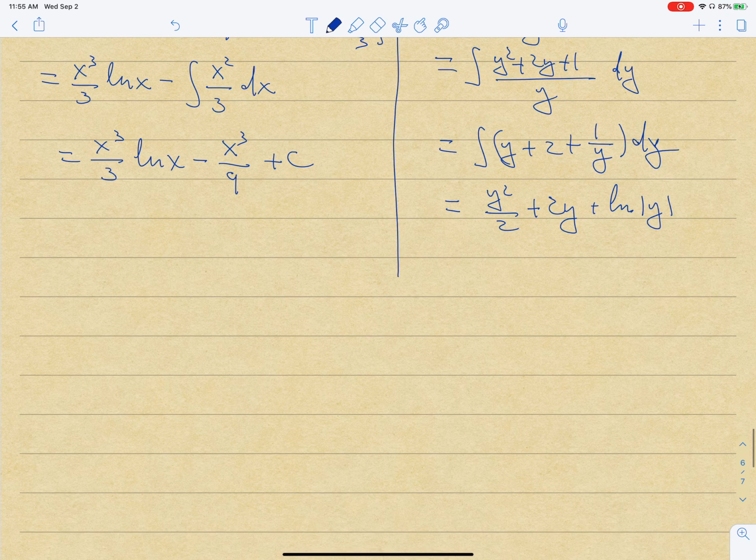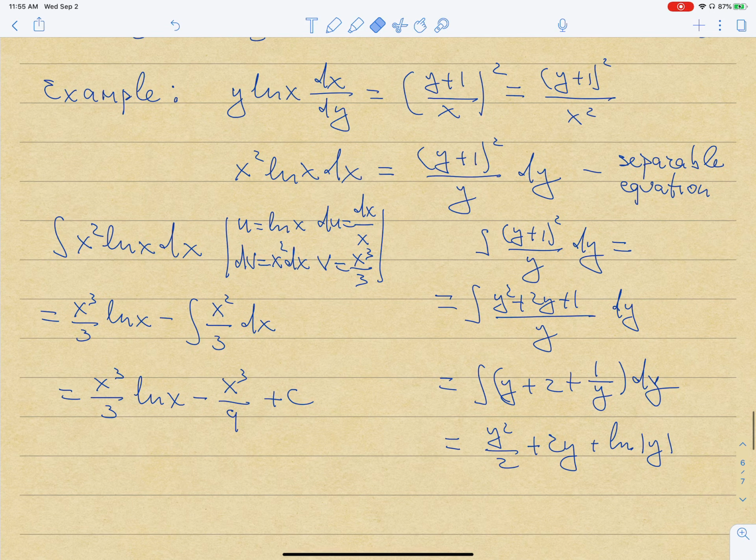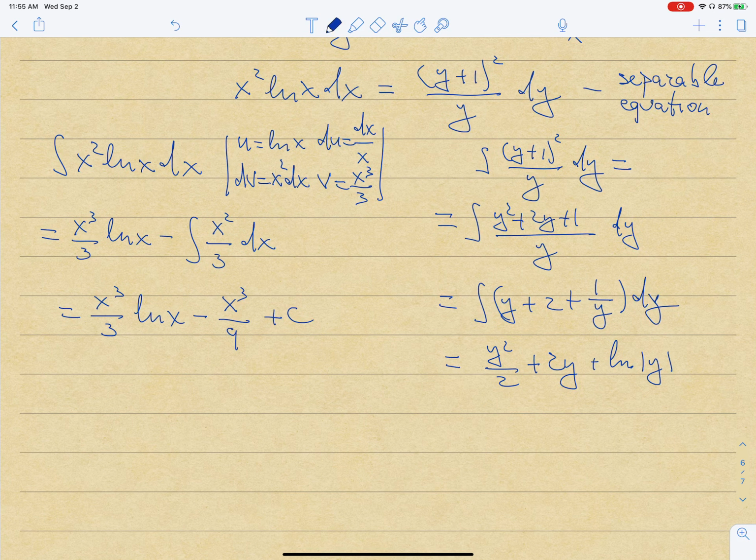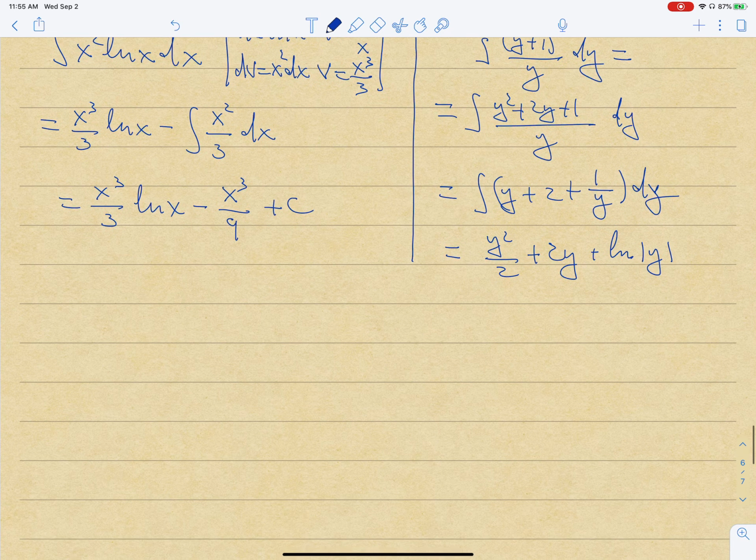And so now I need to bring both of these things together. The integral on the right is equal to the integral on the left.